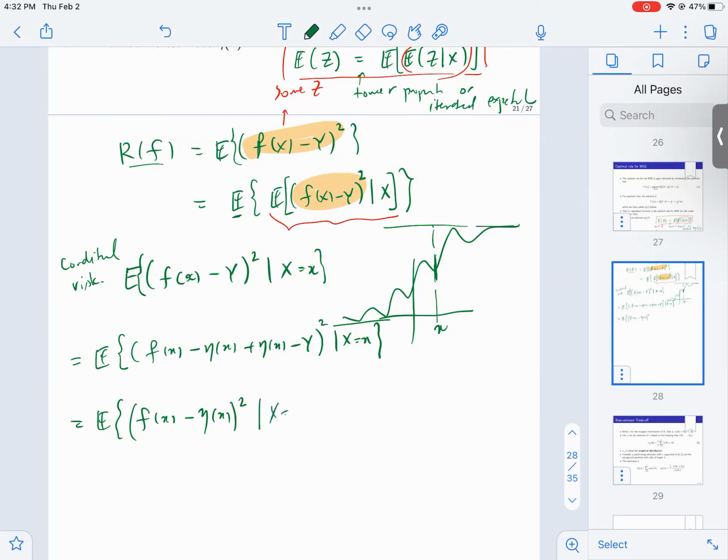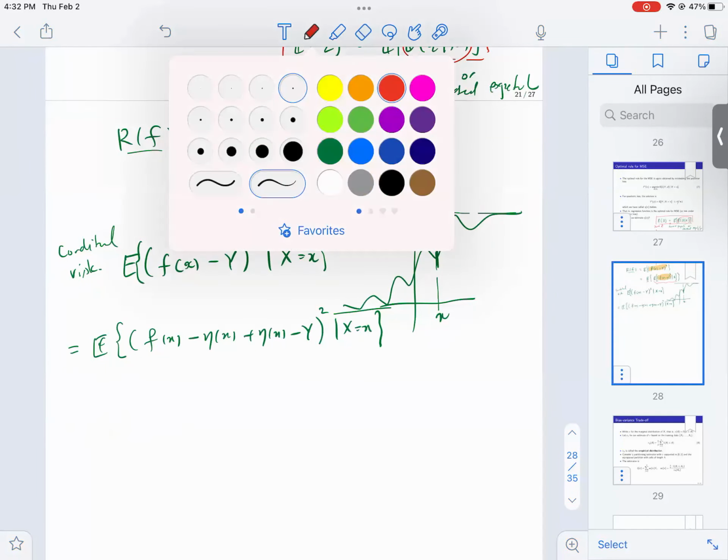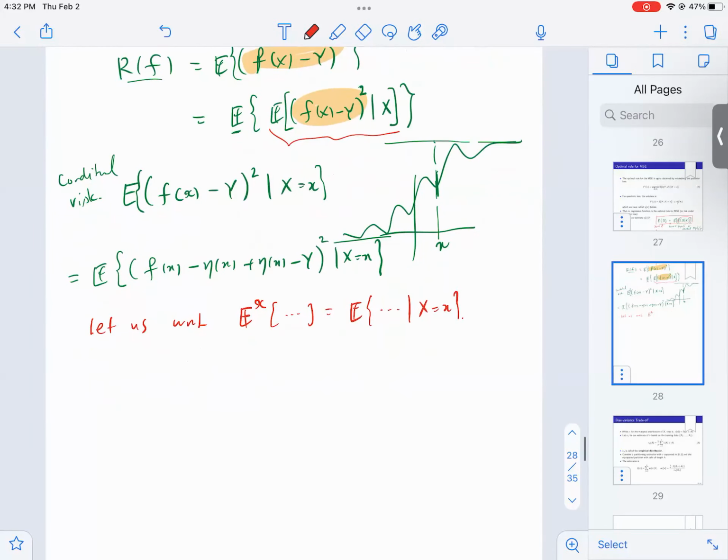If you expand, let me put the conditioning on top. I'm going to use this notation for simplicity. I'm going to write expectation x on top of whatever to mean expectation of that whatever conditional on x being equal to x, to simplify my writing.